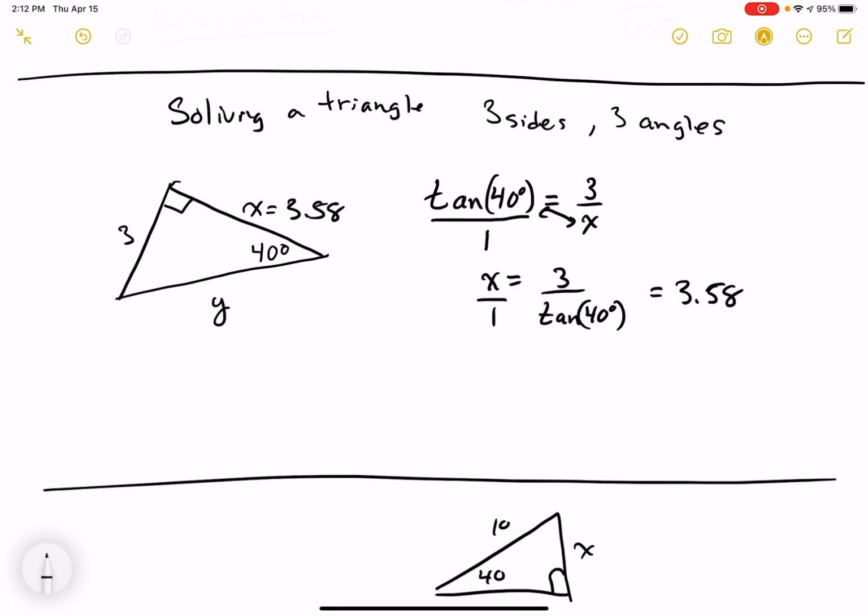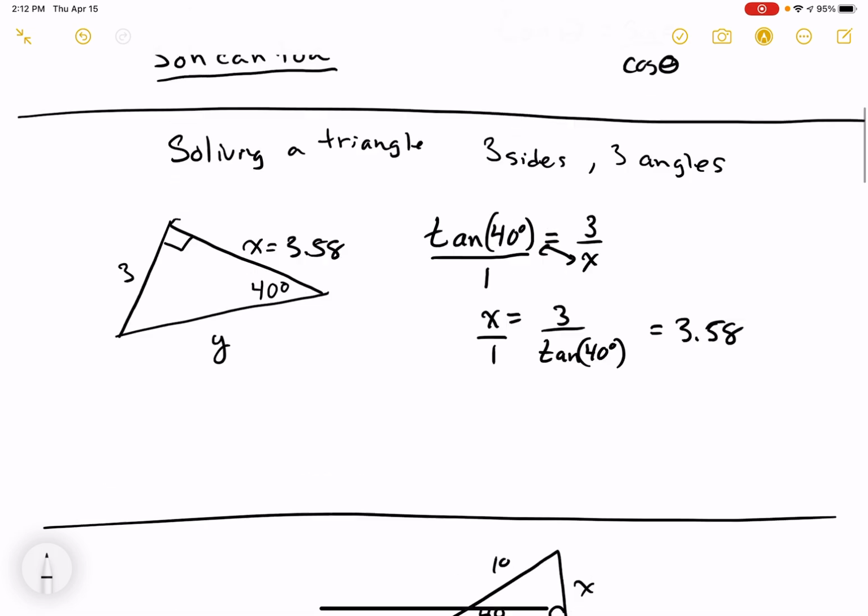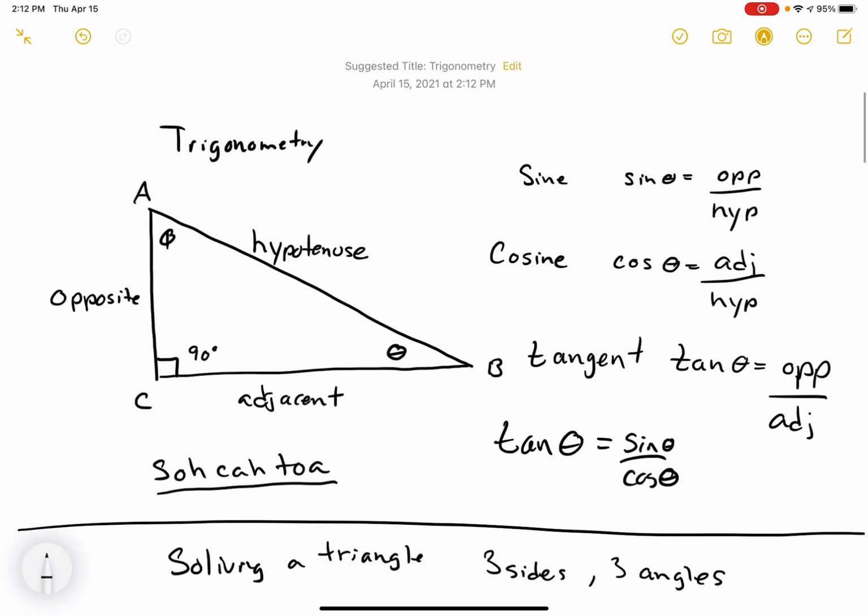Let's go find y. Here it is. Y is my hypotenuse. I know my opposite side, and I have my angle. So I need the trig function that works with the opposite side and the hypotenuse. All right, so I go back, and that's going to be sine.